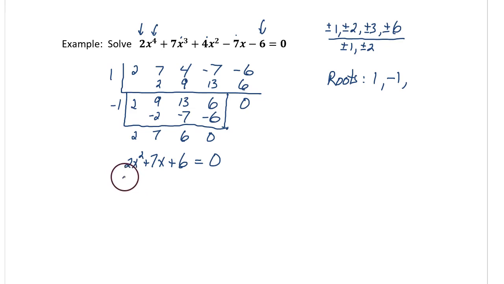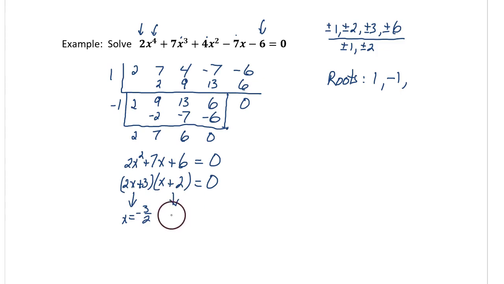I'm going to try to factor it as 2x times x, and then to make 6, I'm going to go plus 3 and plus 2. The outer product is 4x, and the inner is 3x, and that adds up to 7x. So it does factor. Solving the first factor, we get x is equal to -3/2.